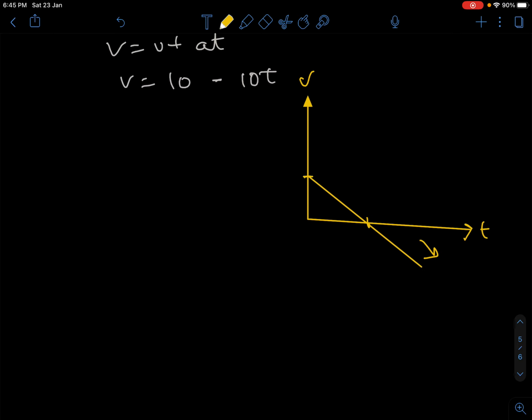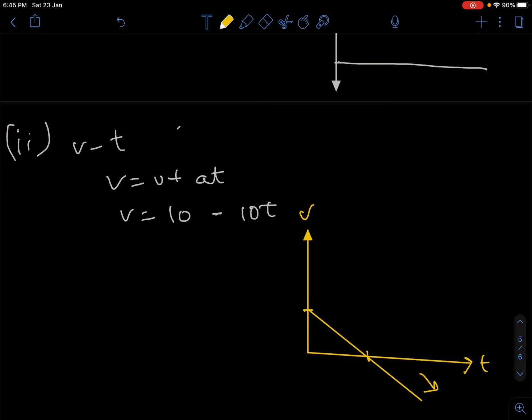And what was the third one? Third one is speed-time. So let me draw the speed-time here only. Now the instantaneous speed is the magnitude of instantaneous velocity.